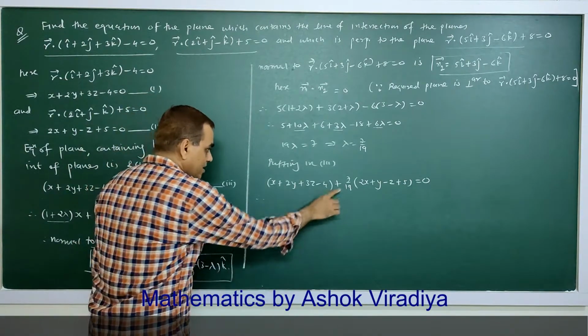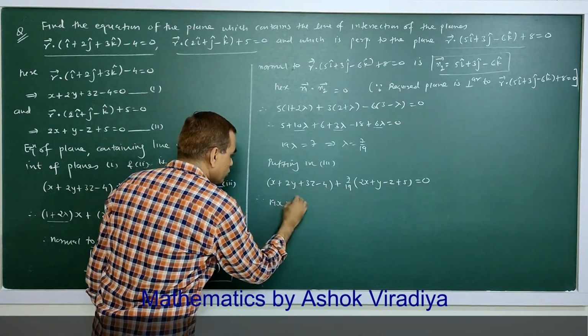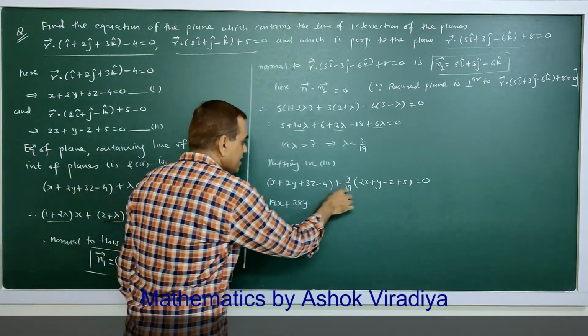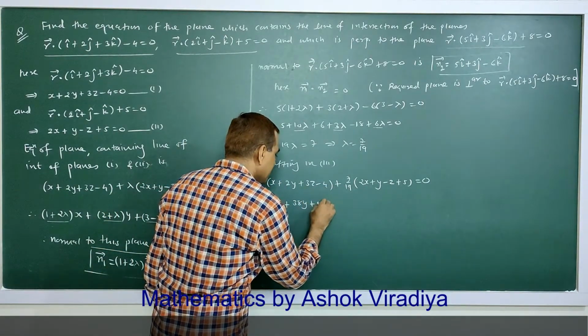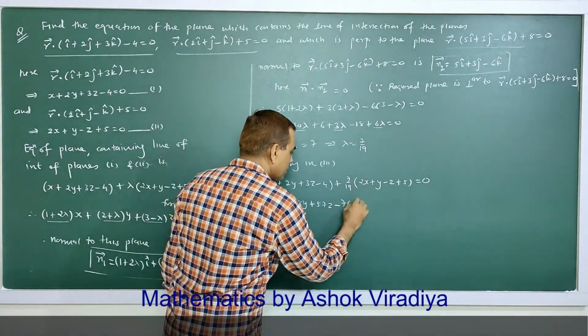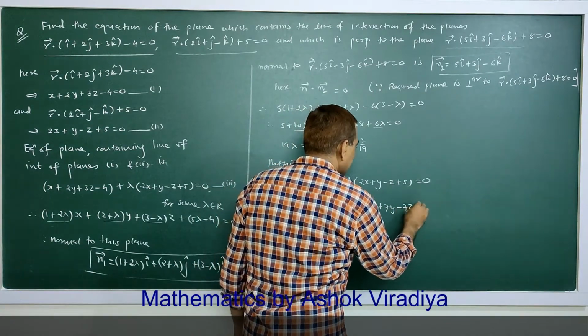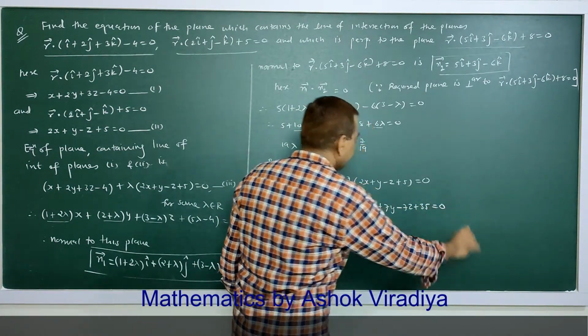That is 19 into 1, that is 19x, plus 19 into 2, that is 38y, 19 into 3, 57z, 19 into 4, 76, plus 14x plus 7y minus 7z plus 35 is 0.